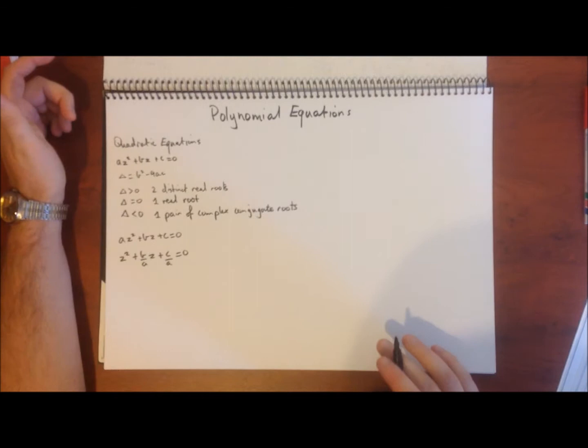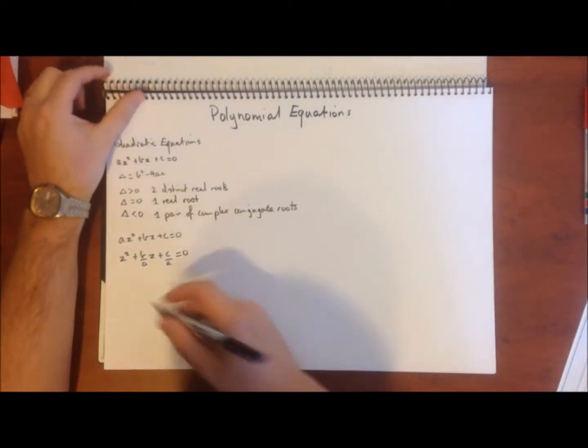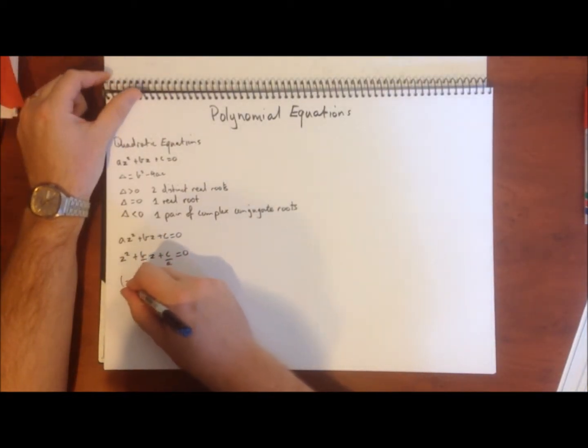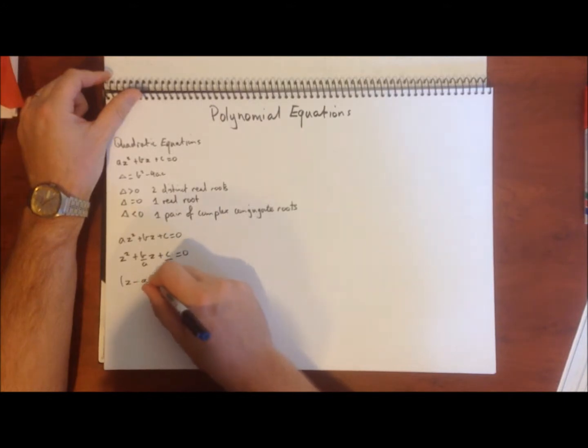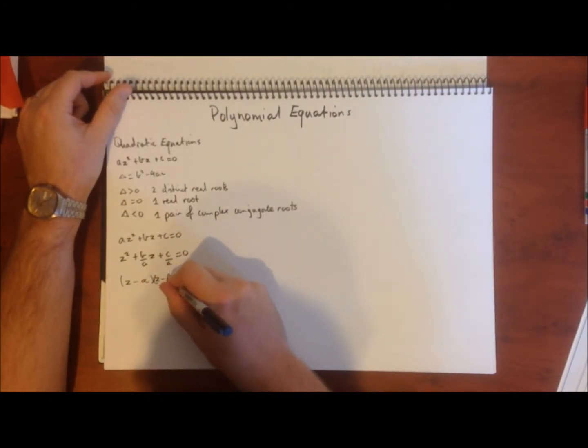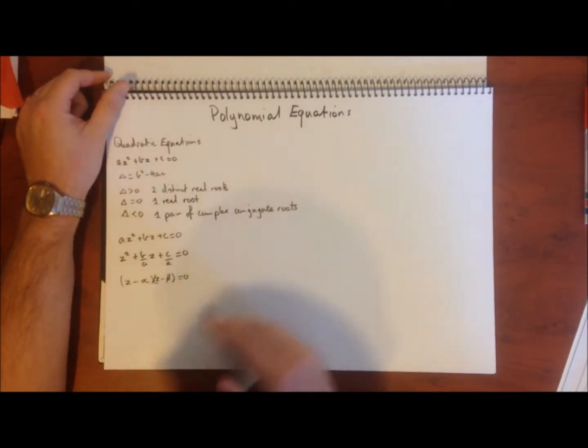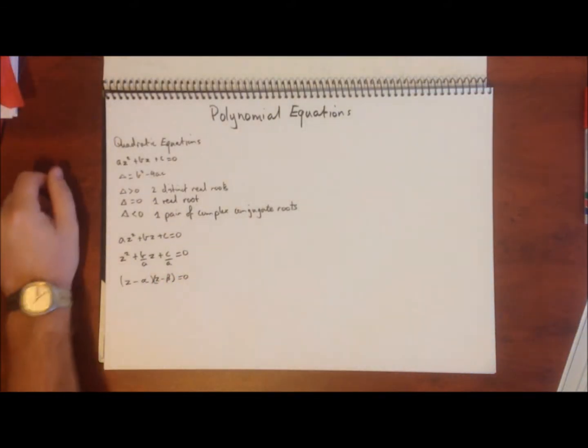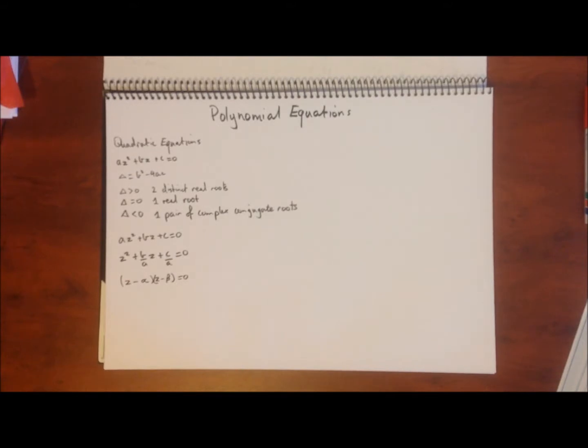Then we could factorise that and get two roots, alpha and beta.